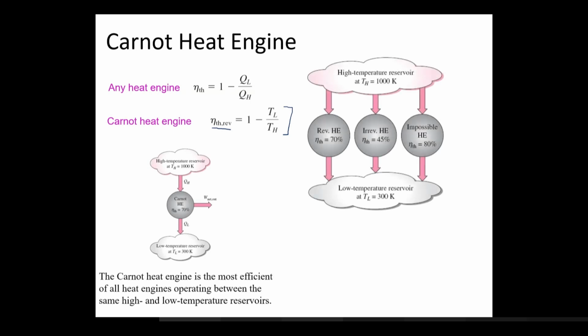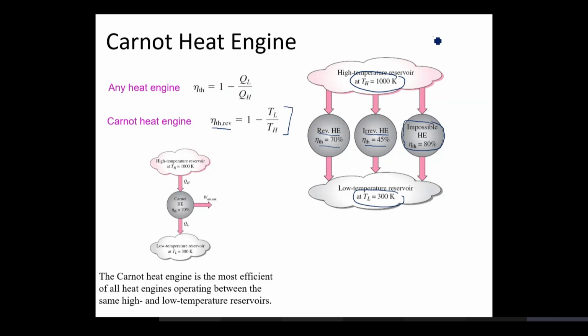So if you have a reservoir at 1000 Kelvin and a low temperature reservoir at 300 Kelvin, the reversible heat engine would have an efficiency of 70%. An irreversible heat engine would have any efficiency less than 70%. And a heat engine having an efficiency of 80% is essentially impossible.